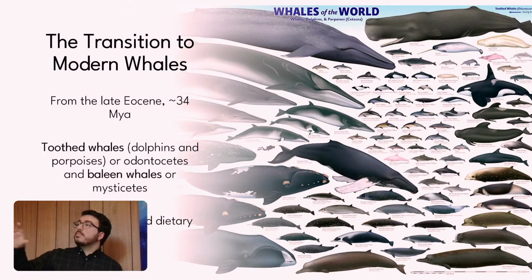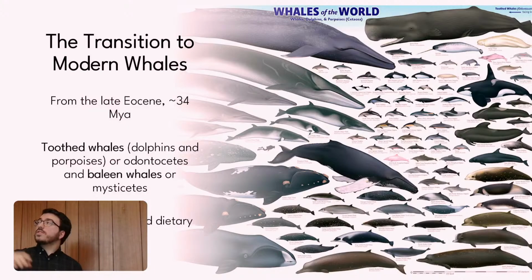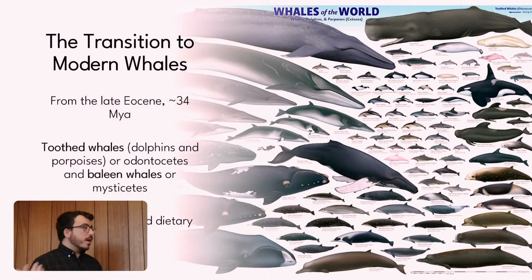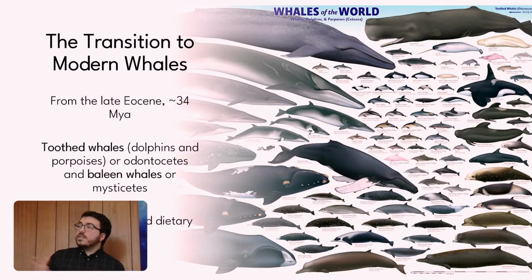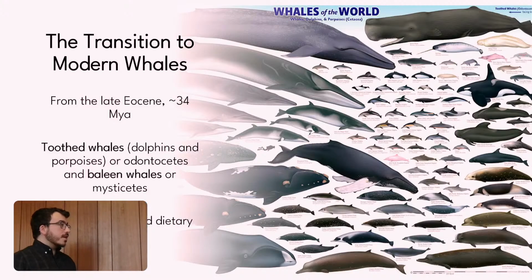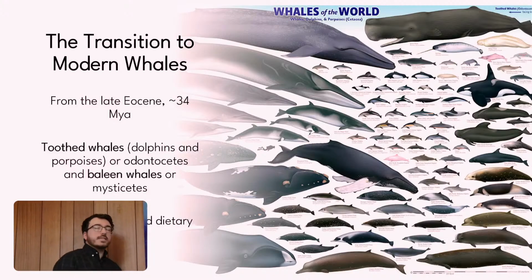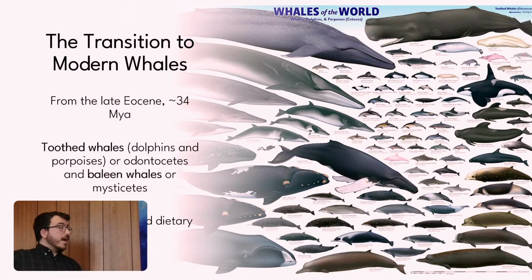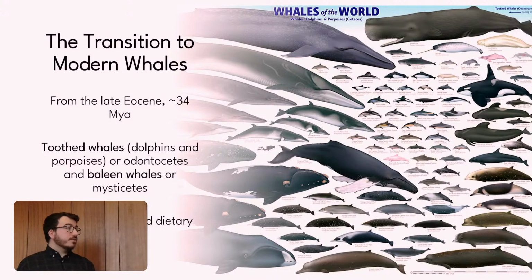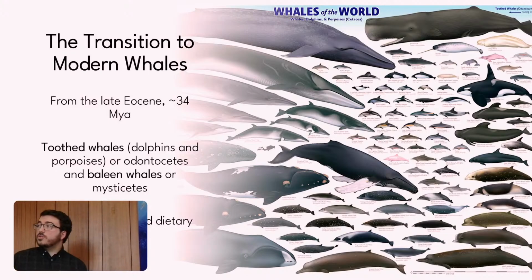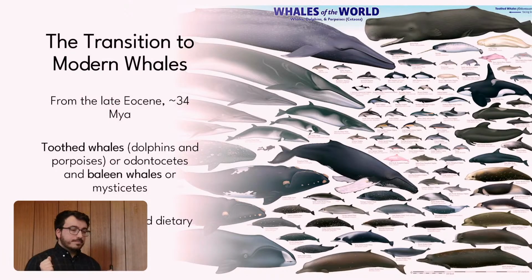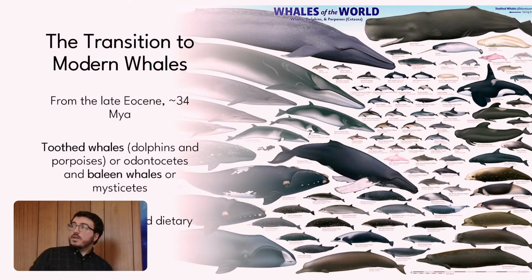And the baleen whales are the huge ones over there, like the blue whale, the right whale, grey whale. And they have a very diverse range of different sensory and dietary capabilities. For example, we have echolocation in the toothed whales, and there is filter feeding in the baleen whales.